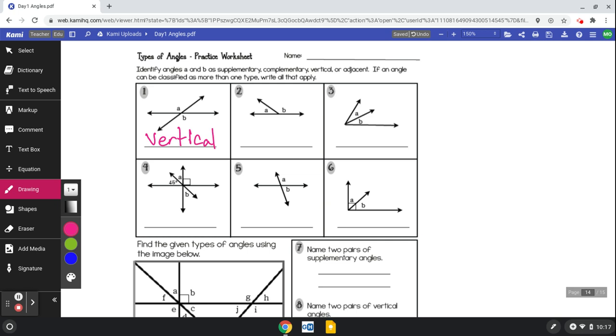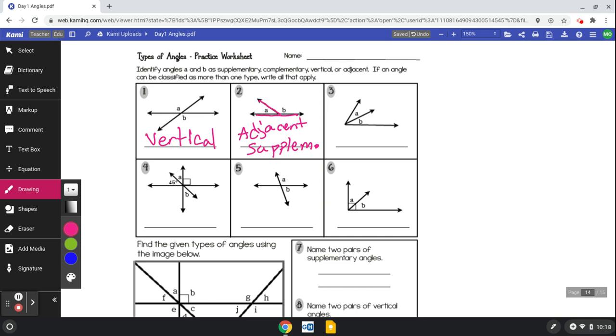Whereas with number 2, it's a straight line. So that already tells me that we're going to have supplementary. But because they also share a ray, that tells me it is adjacent and supplementary. All right, so they're going to go through and tell me for each of these.